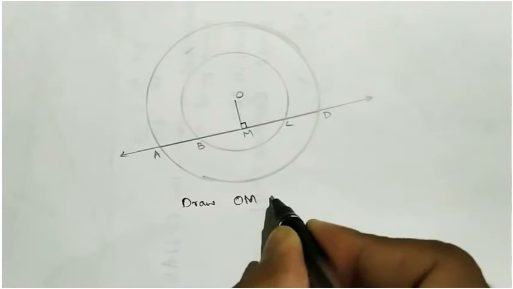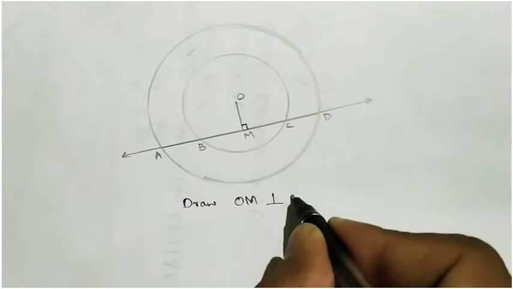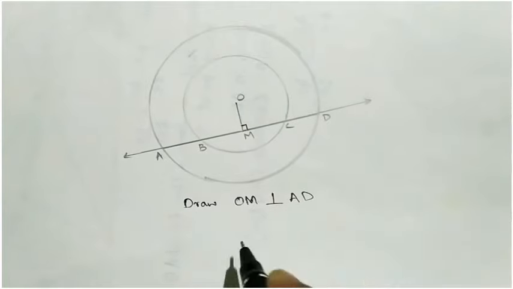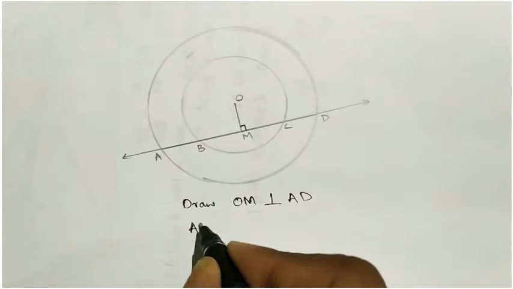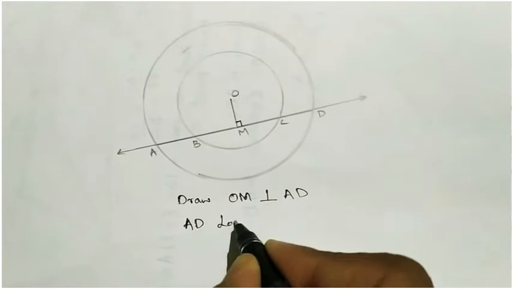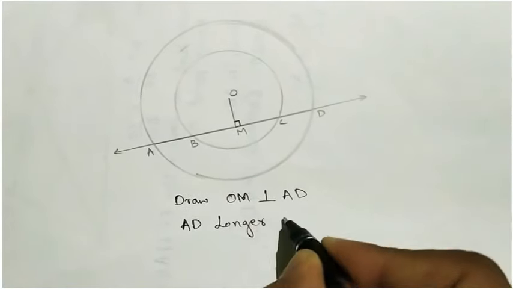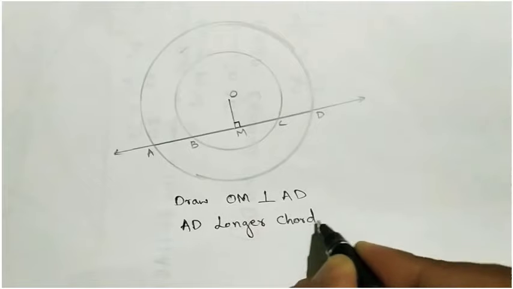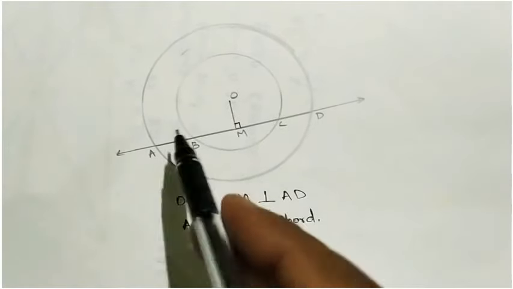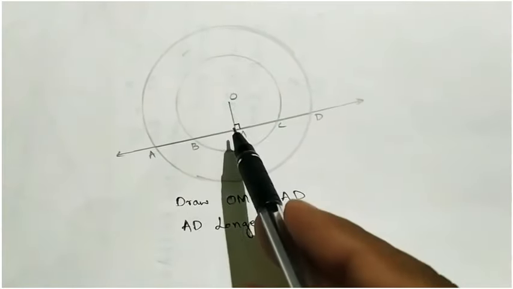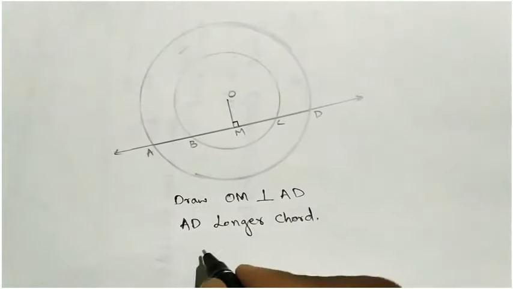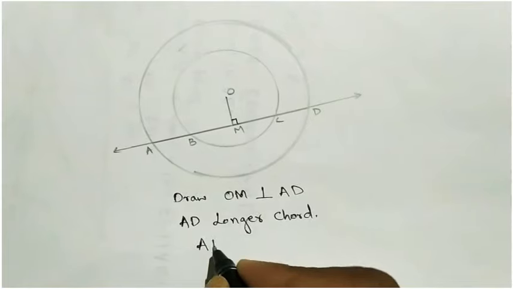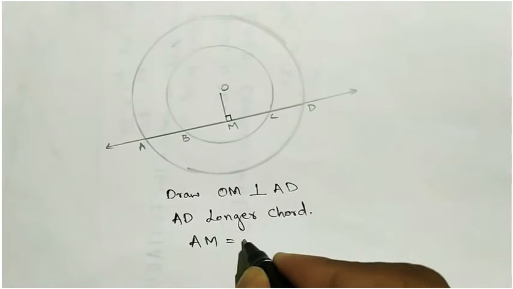OM perpendicular to AD. Now taking AD as the longer chord, OM is not only perpendicular, it will bisect it. So AM equal to DM.